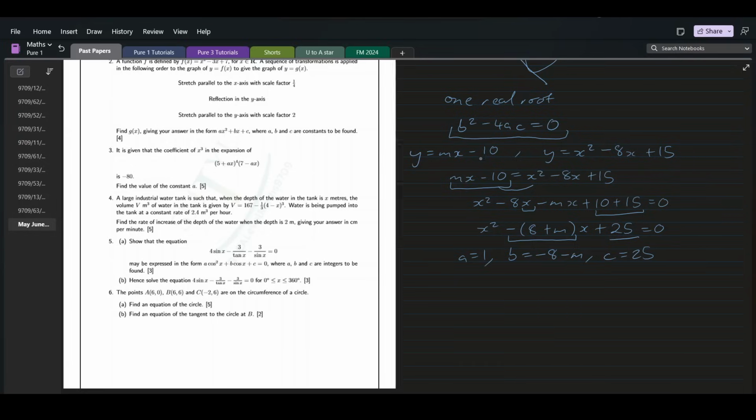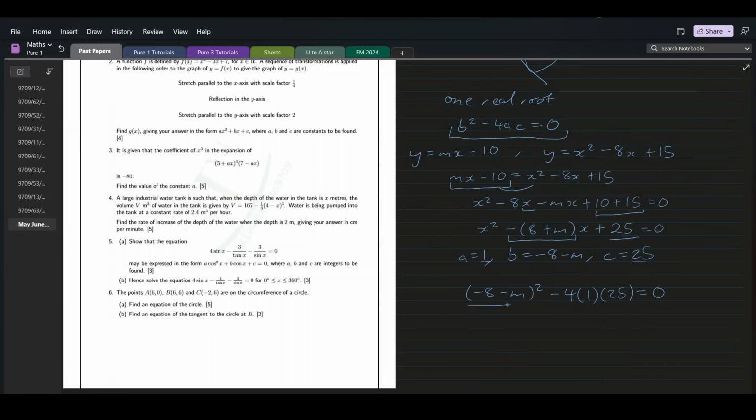And now we can substitute into our discriminant. Our b is negative 8 negative m, and this is squared minus 4ac. A is 1, and then c is 25, and we know that this is equal to 0.